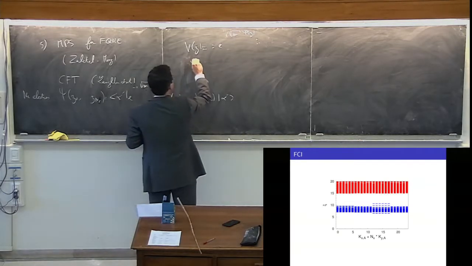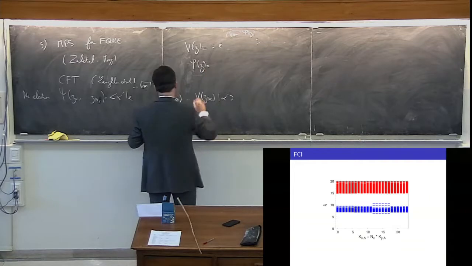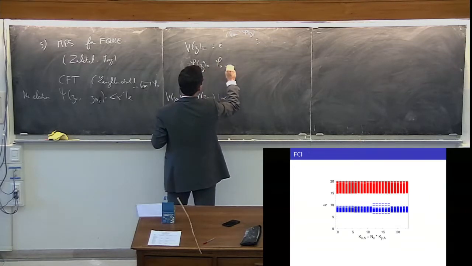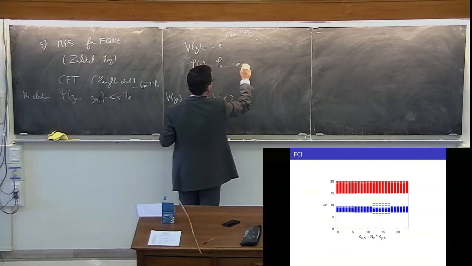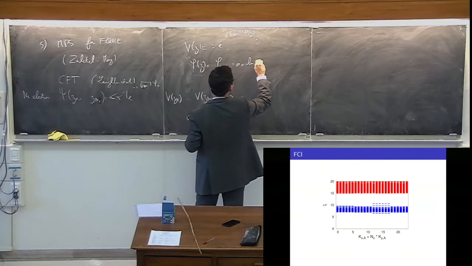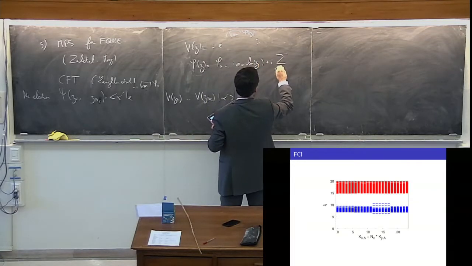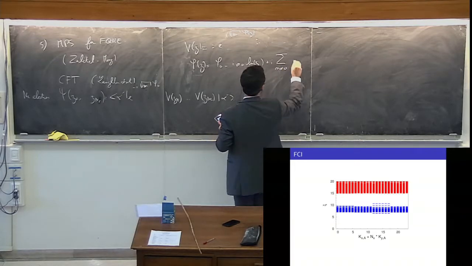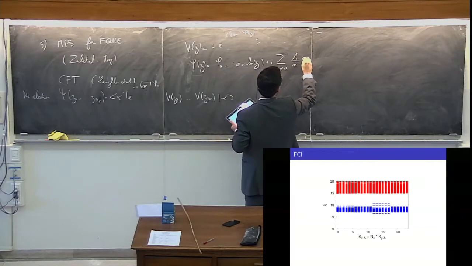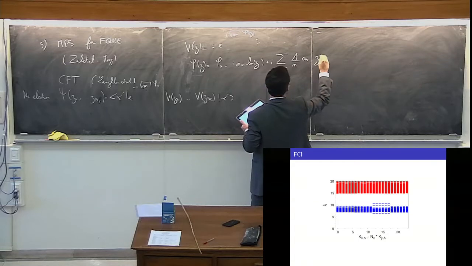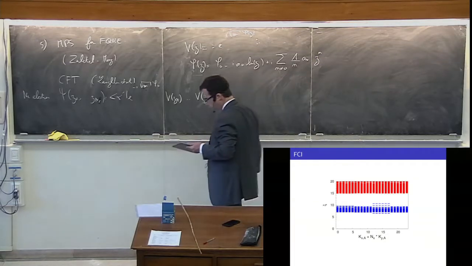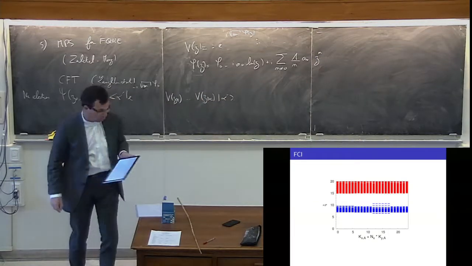So you can do the mode expansion for phi(z): the zero mode, a_0 log z, plus i sum over n different from 0 of 1 over n a_n z^(-n). It's just a mode expansion, right?